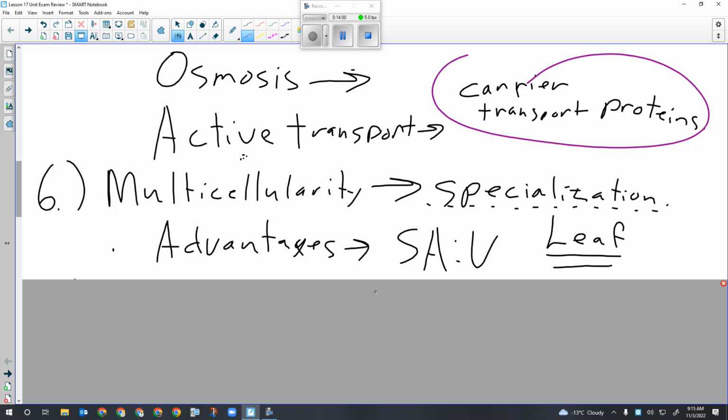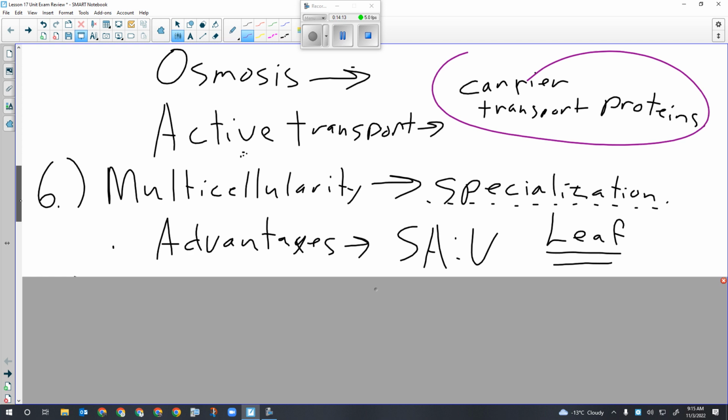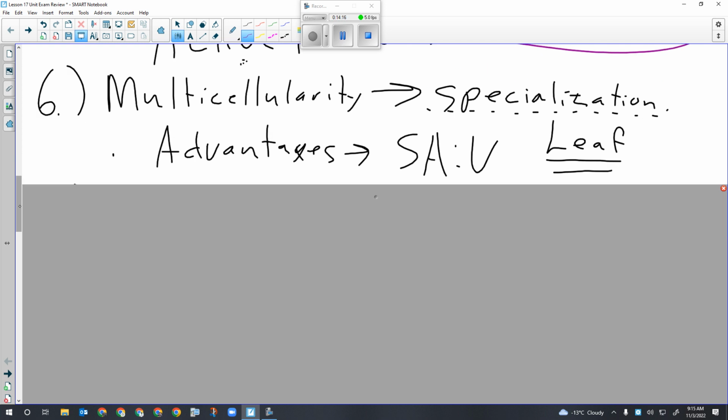And that's something that's going to be important because it tests both the idea of cell transport, diffusion, cell size, multicellularity, specialization, all in one question. So it's something to think about. You might want to have a look through the stuff you've done and see if there's anything about that in there.